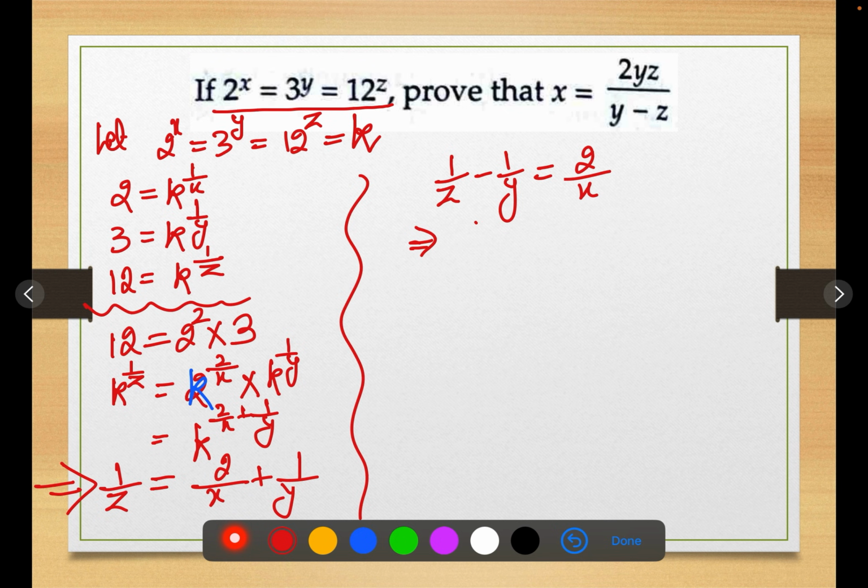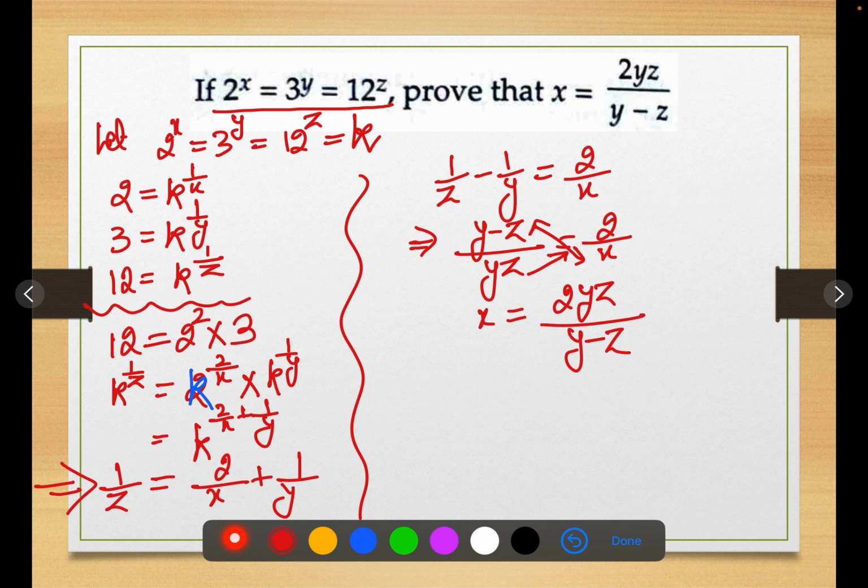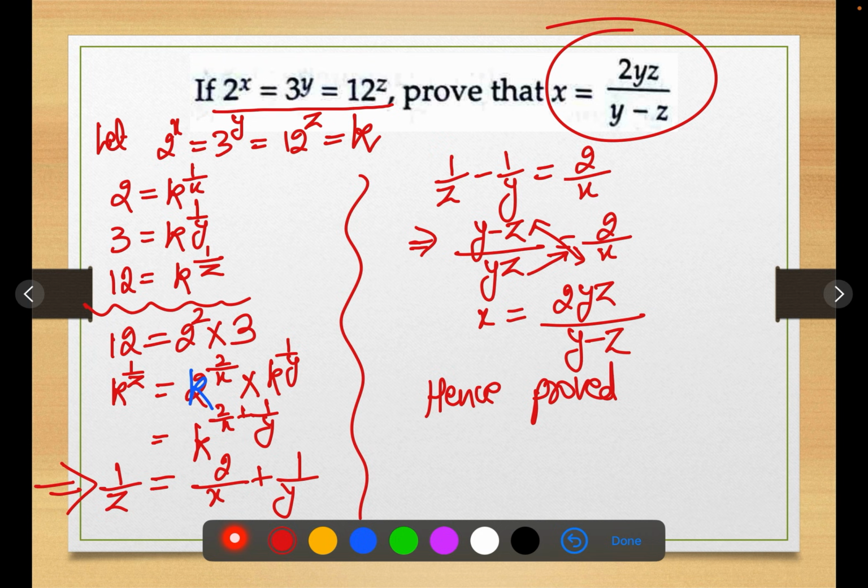Taking LCM, y minus z upon yz is equal to 2 upon x. Implies transposing both of them. x is equal to, this will go up to yz and this will come down. Did I get what I wanted? Yes. So, hence proved. Let's move on to the next.